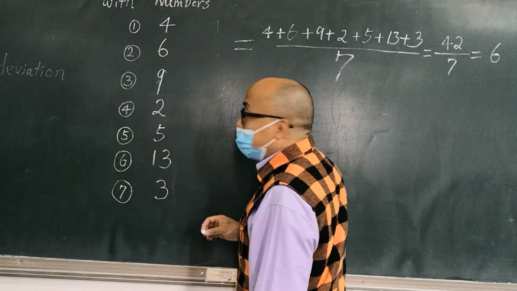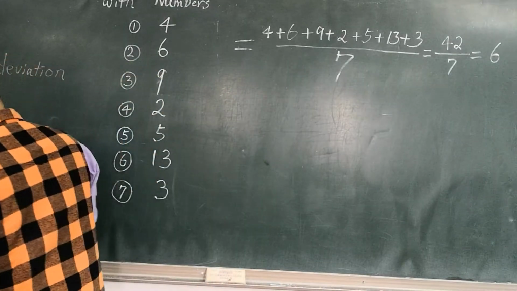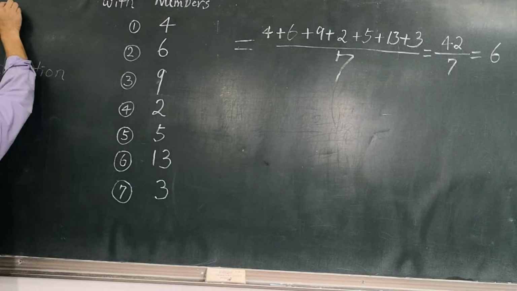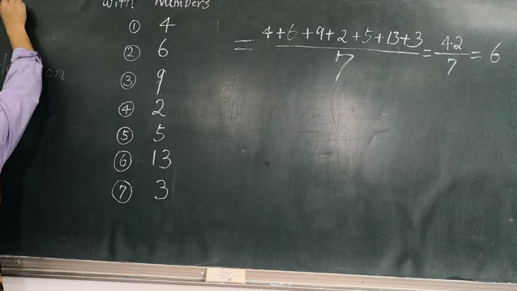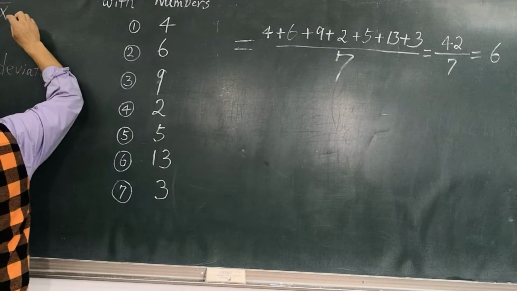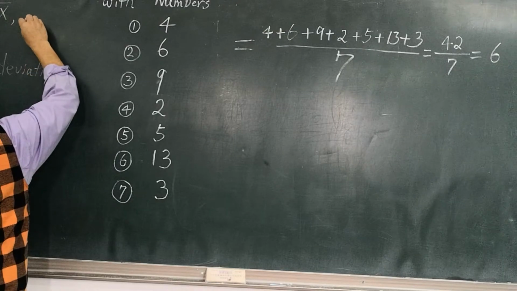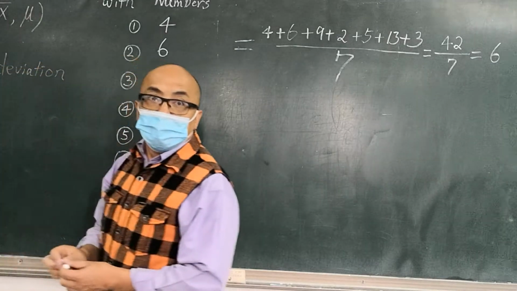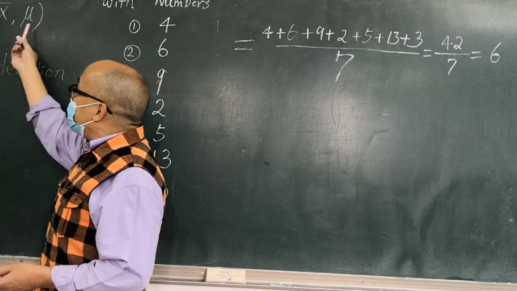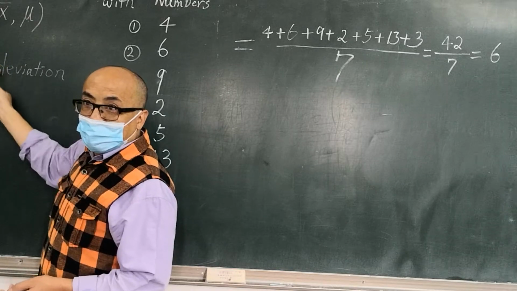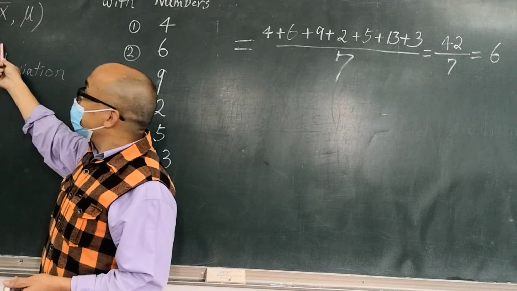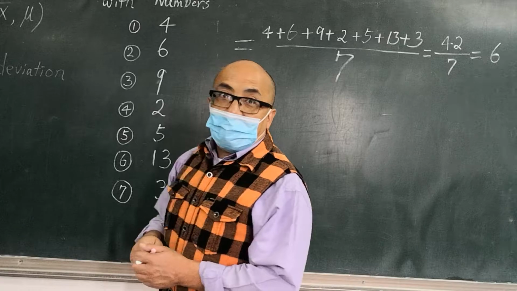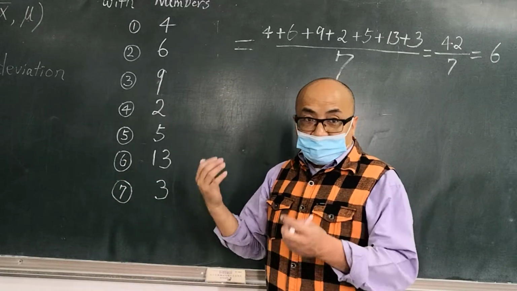However, we should be more professional. For the mean, there are 2 symbols. One symbol is x bar, and another symbol, with a different meaning, is mu. And which is which will be different. This means these numbers are a sample from a population.